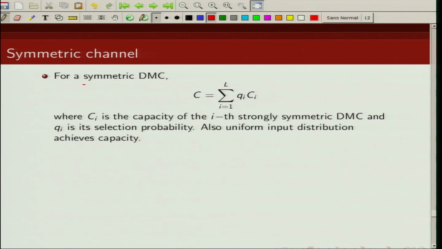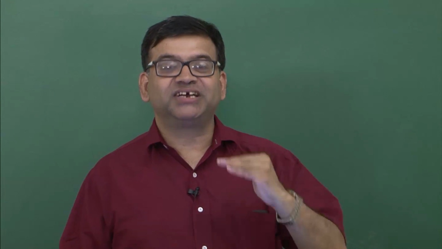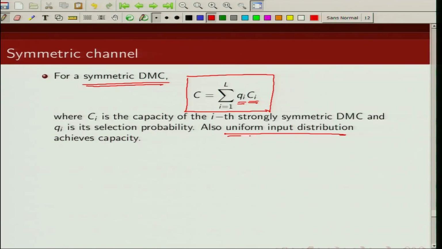So for a symmetric discrete memoryless channel, the capacity is given by this expression, which is the sum over all L such discrete memoryless channels of the capacity of the individual channel multiplied by its selection probability. And it is the uniform input distribution that will achieve capacity.